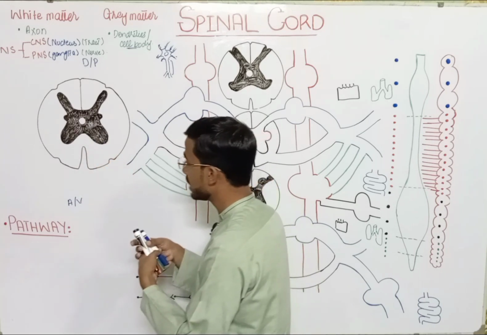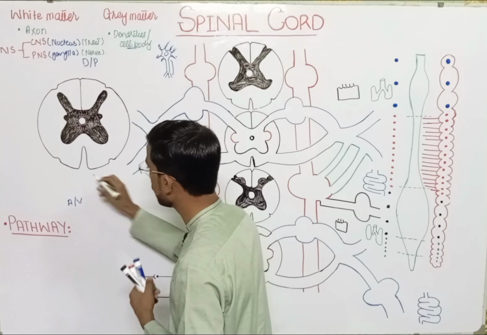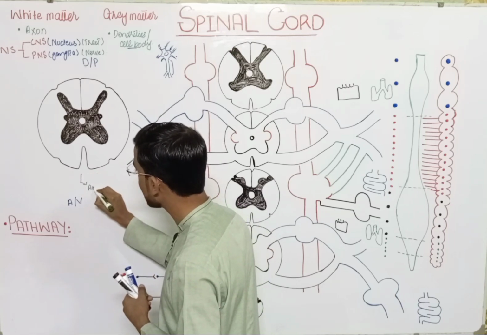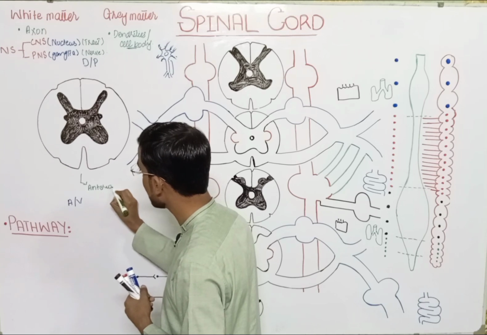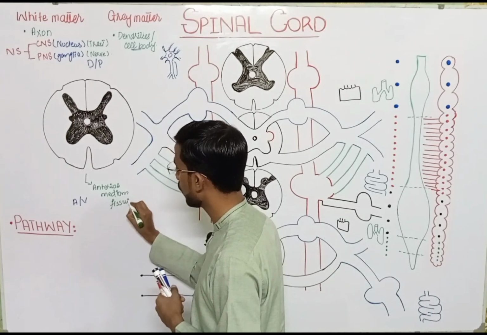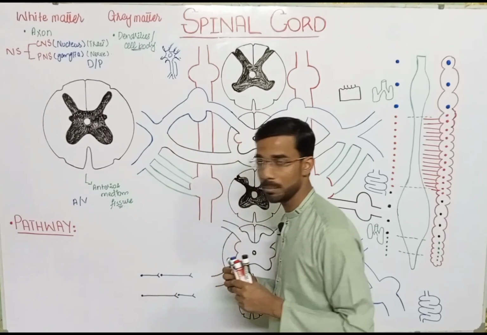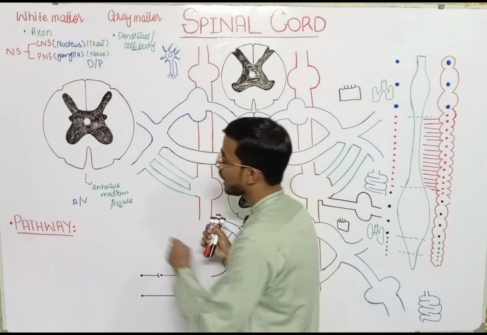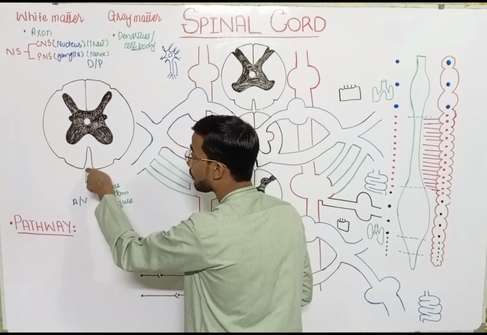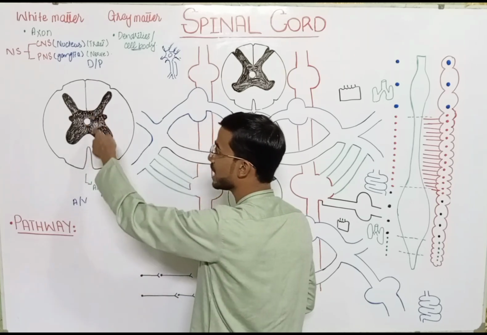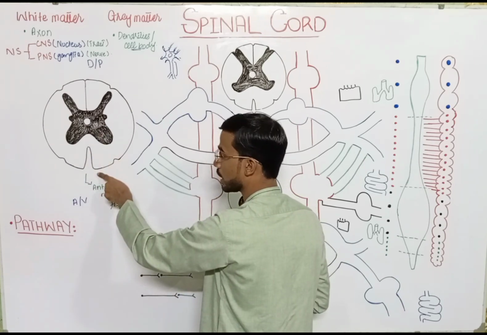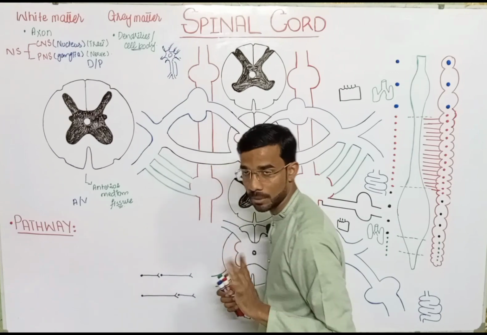This depression is called the anterior median fissure, because it is present at the anterior side, at the middle of the spinal cord, so we call it median, and it is deep inside, so we call it fissure.